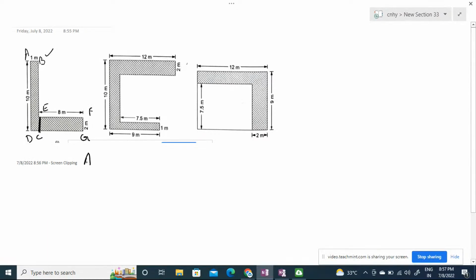We have to sum the area of A, B, C, D plus the area of figure C, E, F, G.